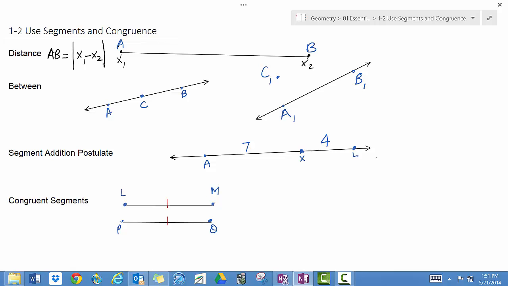Now next we move on to the word between. In geometry, it has a very specific meaning. A point C is between A and B if it is collinear with A and B. In other words, it's on the same line.